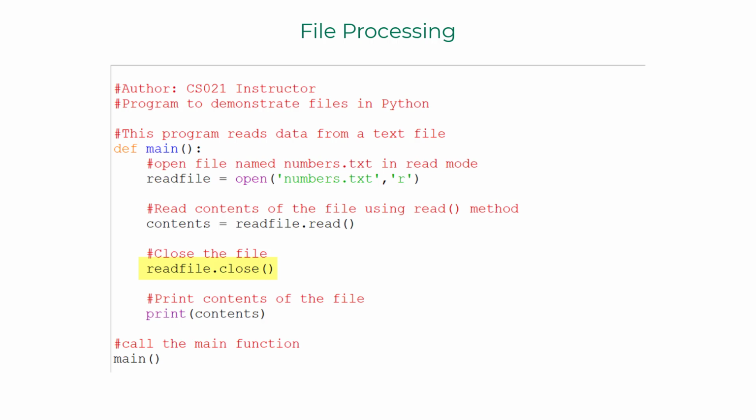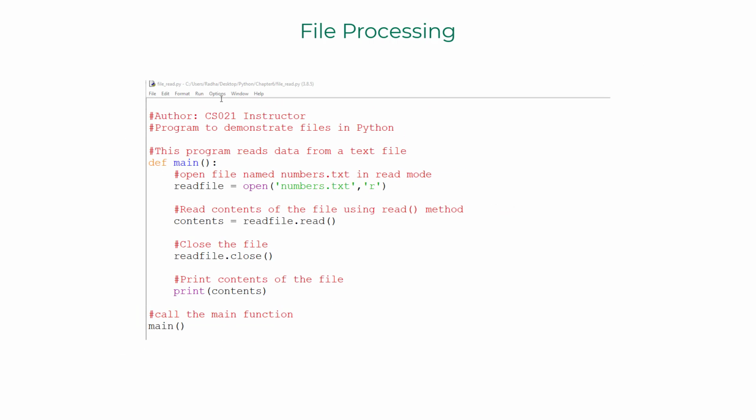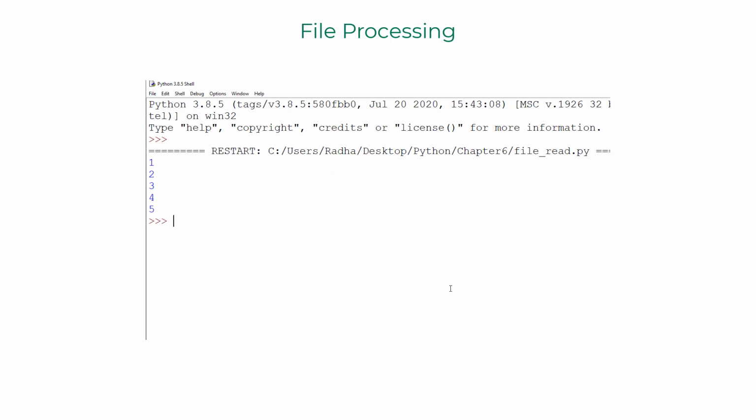I cannot emphasize this enough. You always have to close the connections to files when you're done. All right, the print statement now displays the contents of the file as is. Basically, this program read all the contents from the text file and printed it as is.